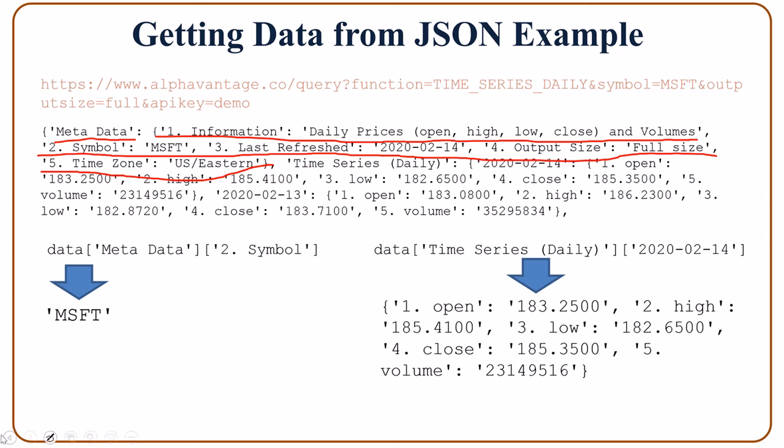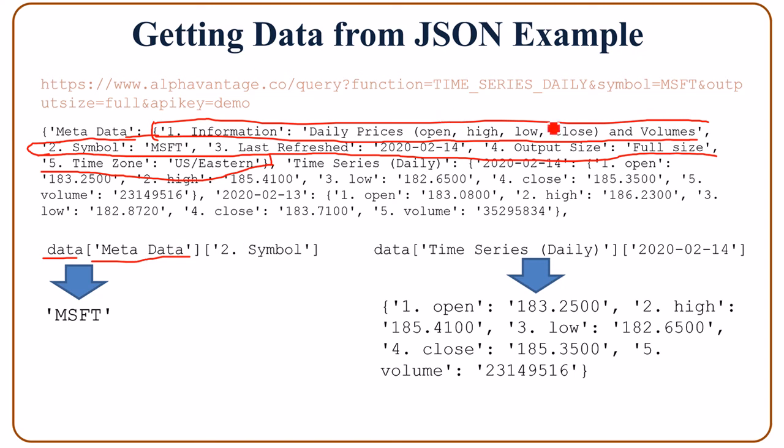So if we get the data, which is a dictionary, and we give it the key, then we get the value of metadata, which is a dictionary. Then if we would like to access any field in that dictionary, we give it the key.